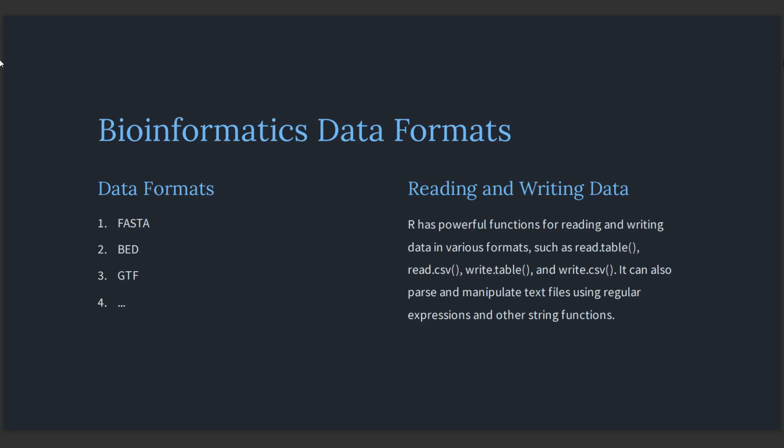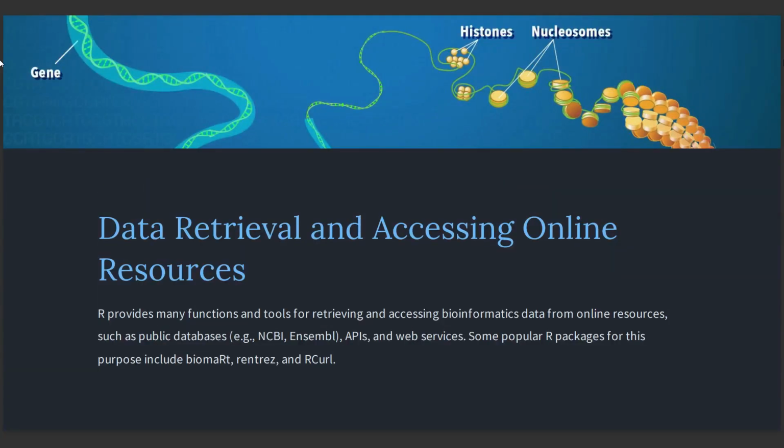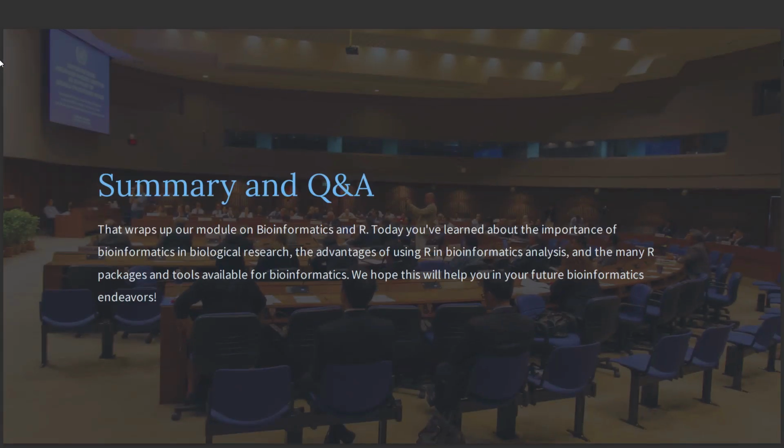CSV is also an Excel-compatible file. We can also use R for accessing bioinformatics data from online resources like the NCBI GEO database and the Ensembl database, and we can also use their APIs and web servers. A popular package for this is biomaRt, which we are also going to use for Ensembl, and that wraps up our whole module, I think.